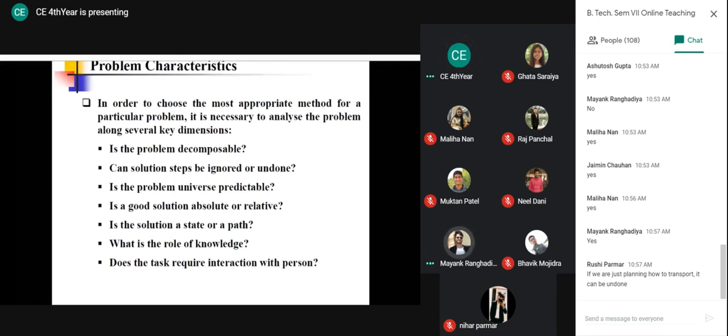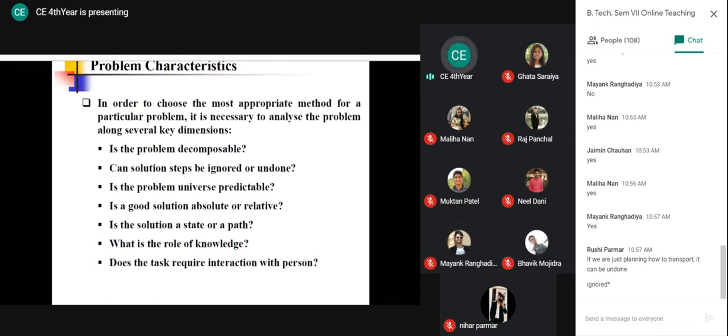Because if we have chosen two missionaries, then we can come back and put one missionary out and one animal on the board. Yes, so which class of problem is this, where undo is possible? It's recoverable. Example of recoverable. Yes, right?